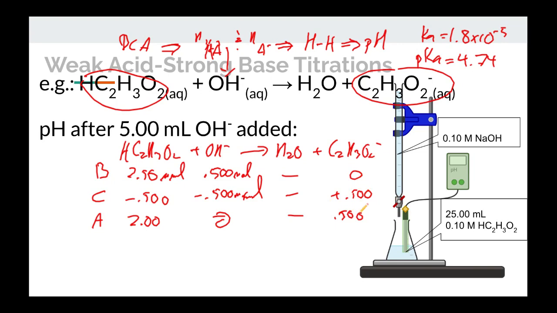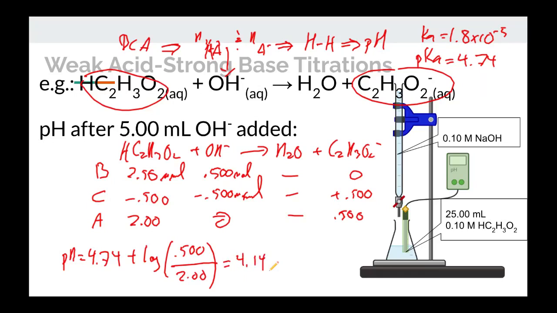So the number of moles of base is 0.5, the number of moles of acid is 2 in millimoles, and so pH, according to the Henderson-Hasselbalch equation, is pKa, which we just calculated is 4.74, plus the base 10 logarithm of base over acid moles, so 0.5 over 2, and this comes out to 4.14, so that's our pH.